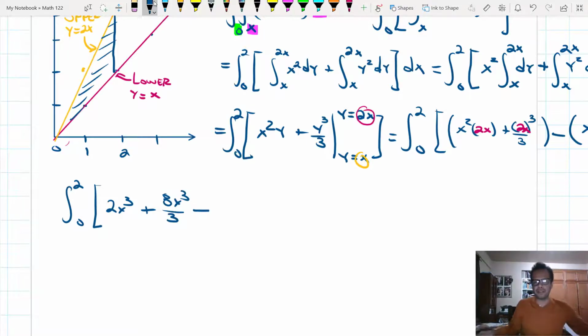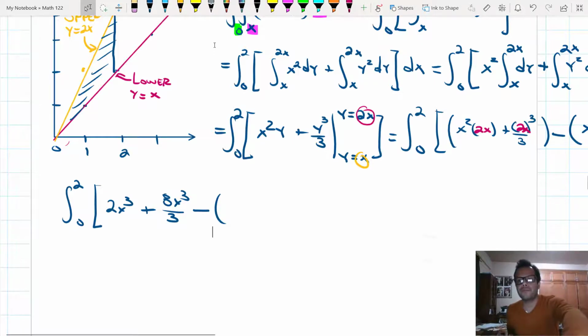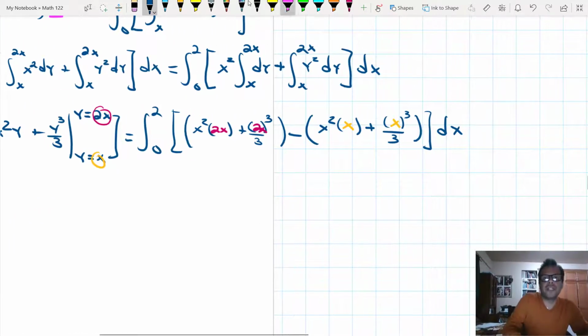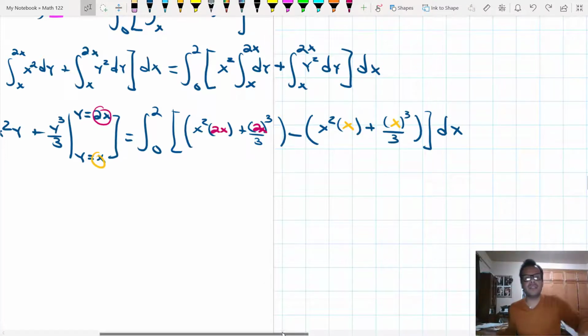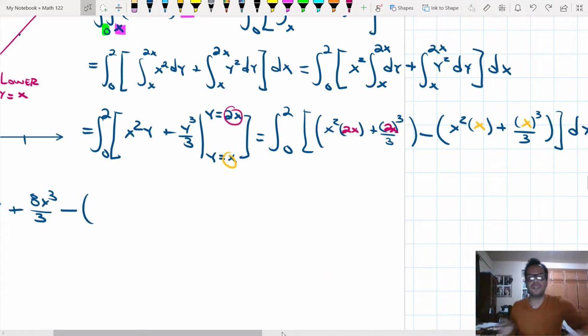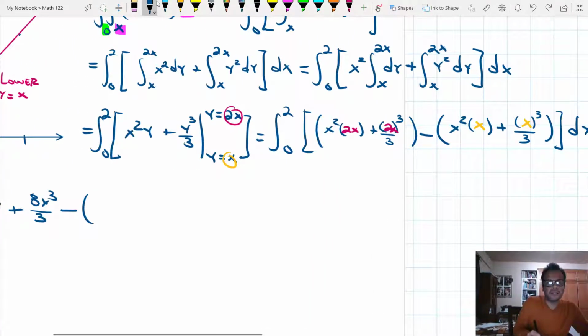Then minus, be careful with this minus: x squared times x gives us x cubed, and likewise when we cube the quantity x we just get x cubed. So everything ends up in terms of x cubed: x cubed plus x cubed divided by 3.